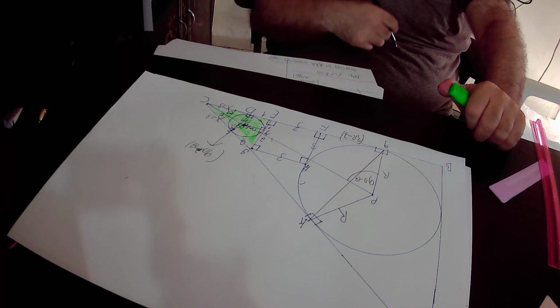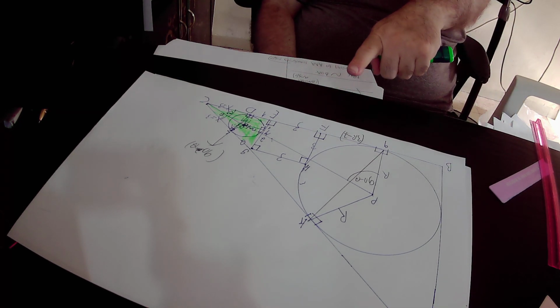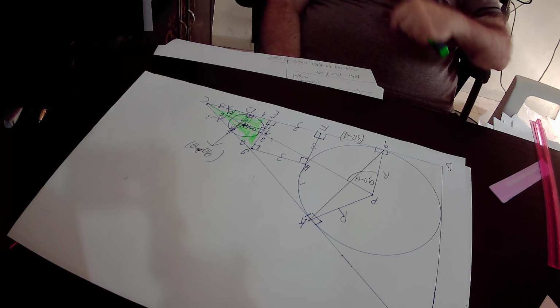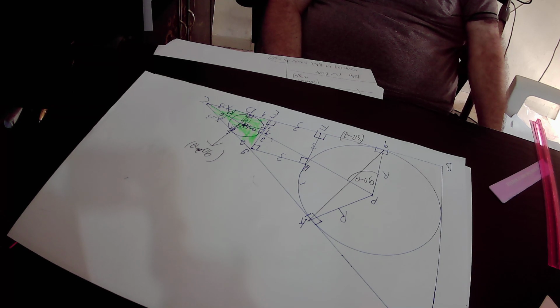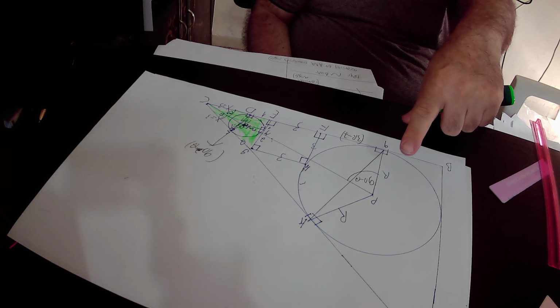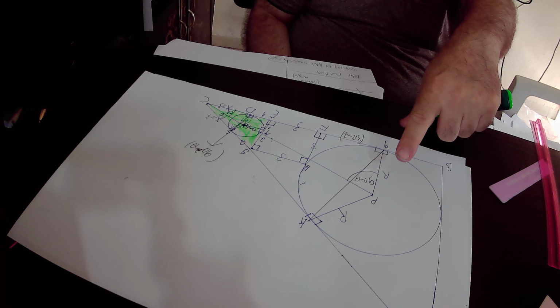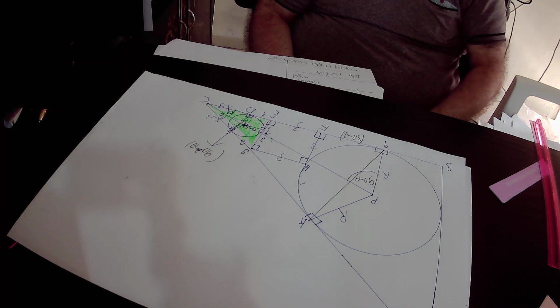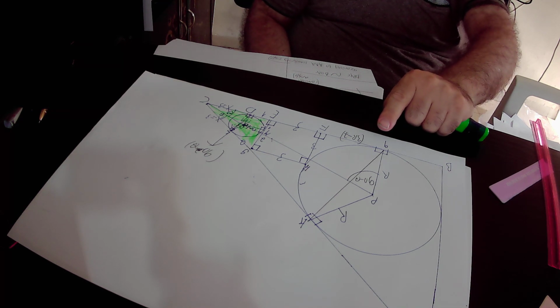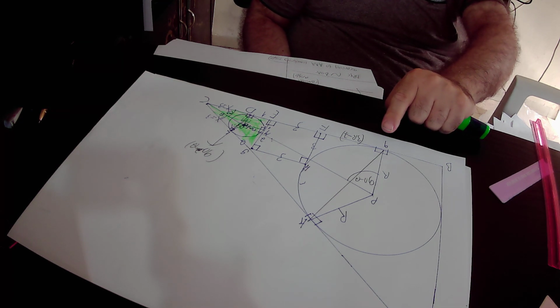Because the side length of this square is equal to 3 units, we will examine 3 cases for the value of the radius of the big circle, that is capital R. Capital R could be less than 3 units, this will be the first case.